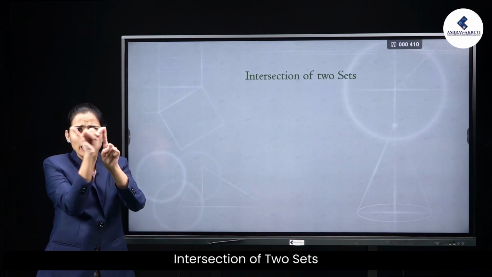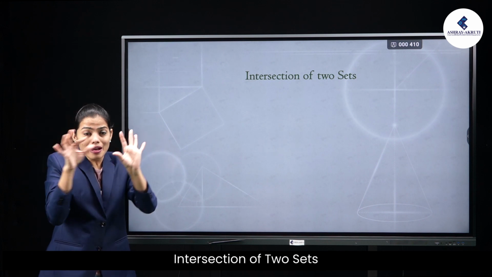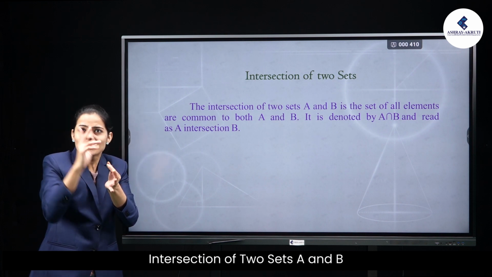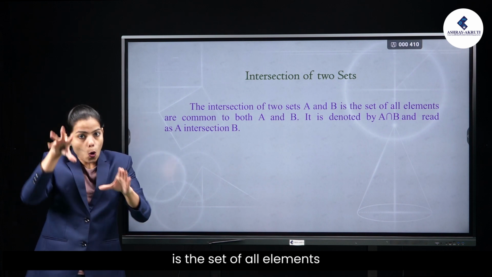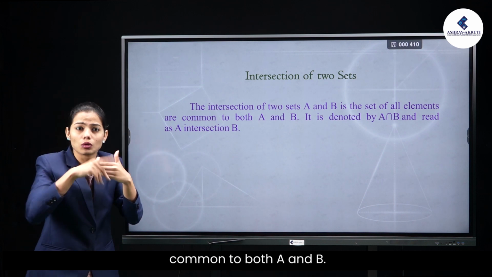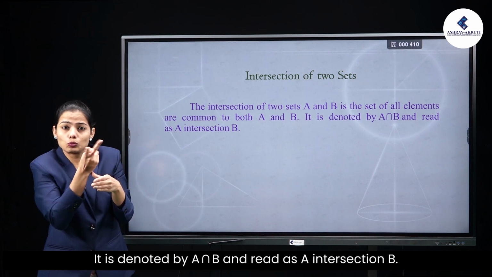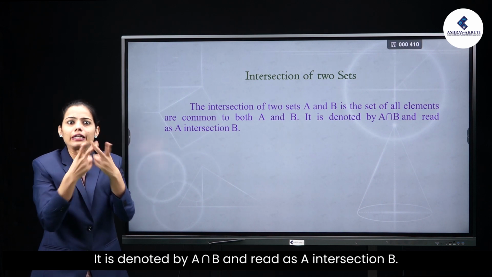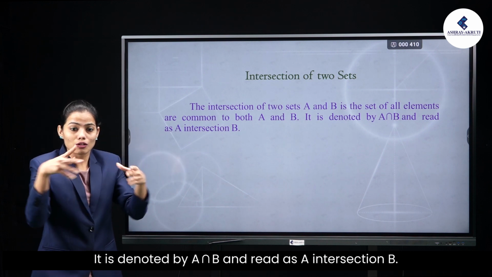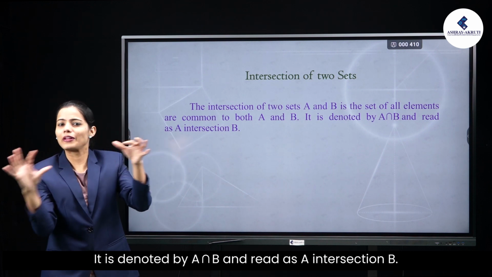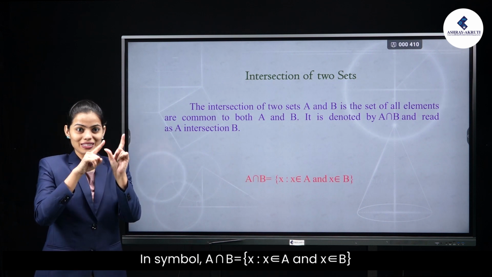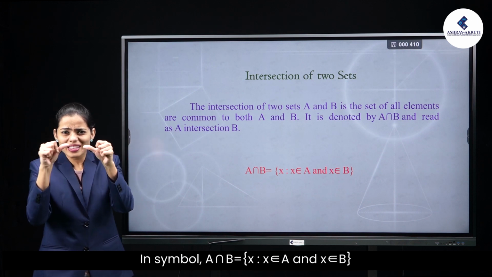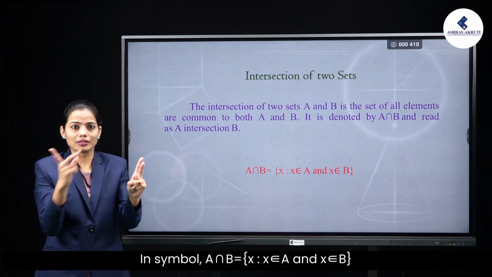Intersection of two sets. The intersection of two sets A and B is the set of all elements common to both A and B. It is denoted by A intersection B and read as A intersection B. In symbols, A intersection B = {x : x belongs to A and x belongs to B}.